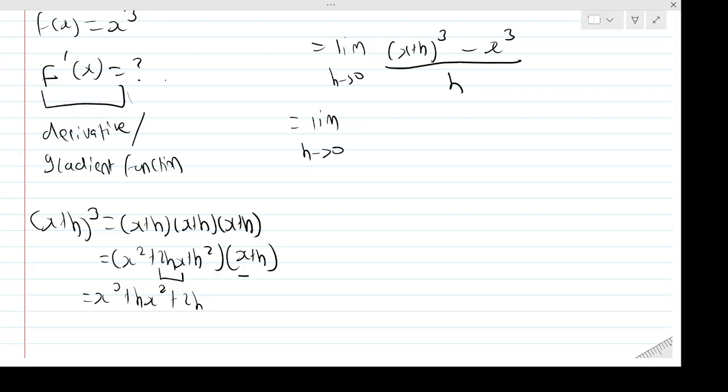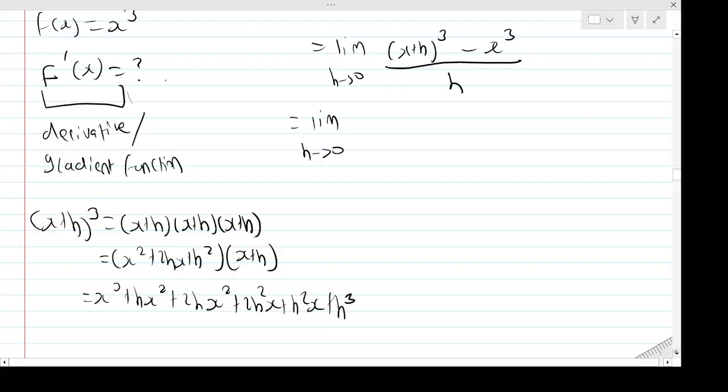Make sure you're very confident with being able to expand. Don't get lost in the algebra here. Then 2hx times h will be 2h squared x. Then h squared times x will be h squared x. And then h squared times h will be h cubed.